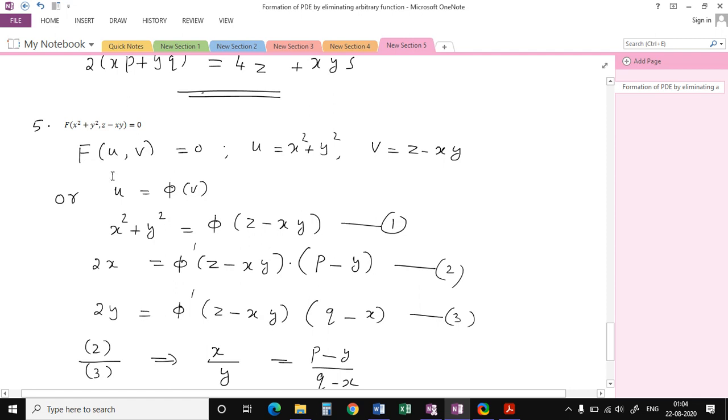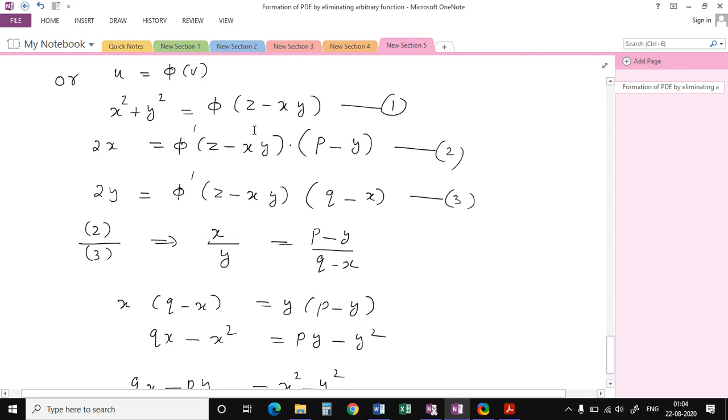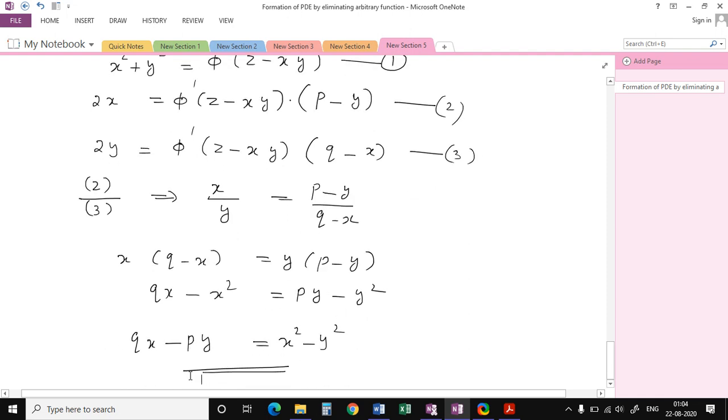After rewriting, this also contains only one arbitrary function, but of only one variable. That is the conversion which we have done. Then after that use the same procedure, so that you will get the required partial differential equation.